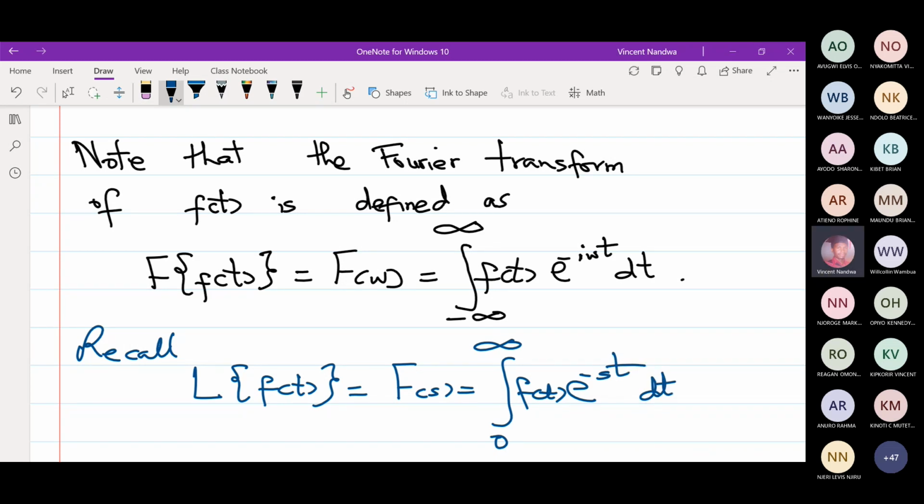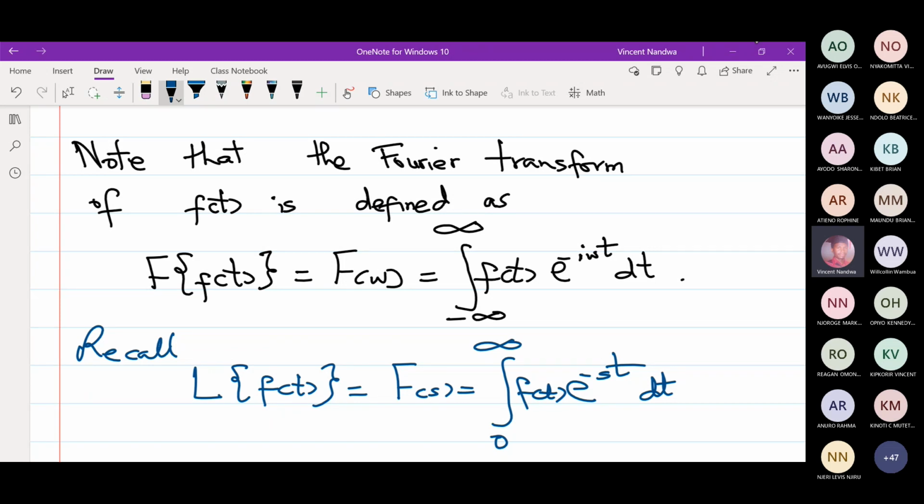So you can see some resemblance in the structure. The only variation is that in the Fourier transform, the limits are from minus infinity to positive infinity, but for the Laplace transform, 0 to infinity. Both of them are improper integrals because at least one of the limits of integration is infinity.